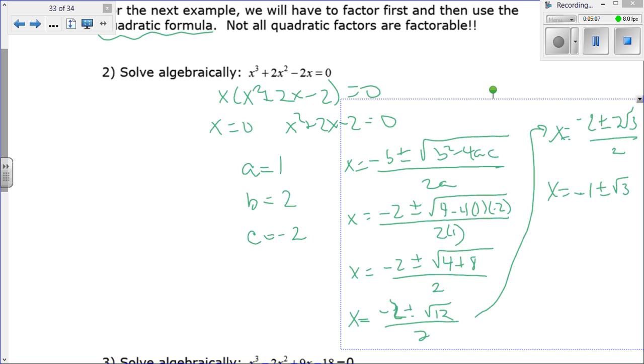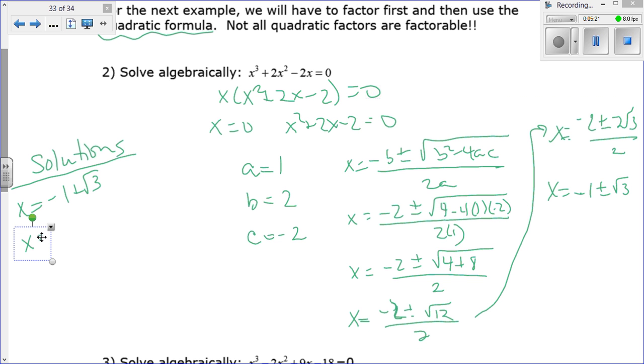So my solutions are as follows. x equals negative 1 plus radical 3. x equals negative 1 minus radical 3. x equals 0. We have to remember our very first root that we found.